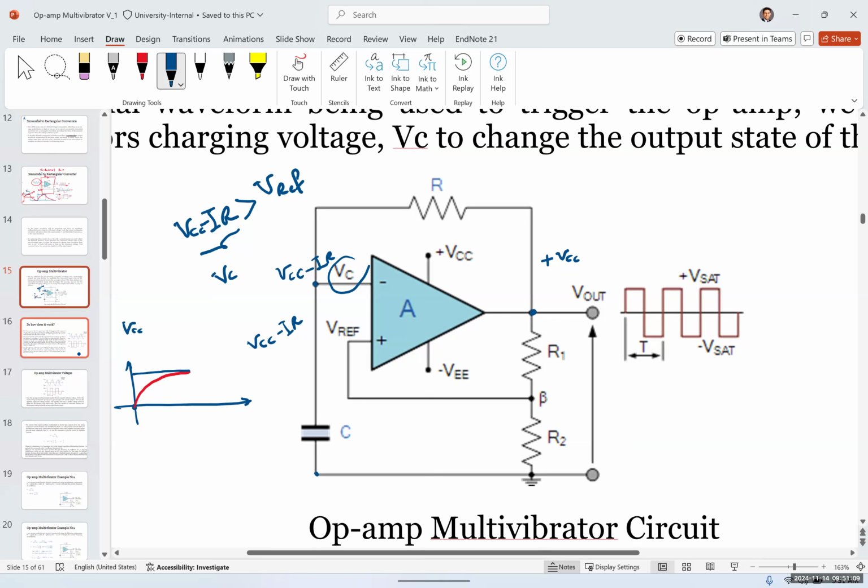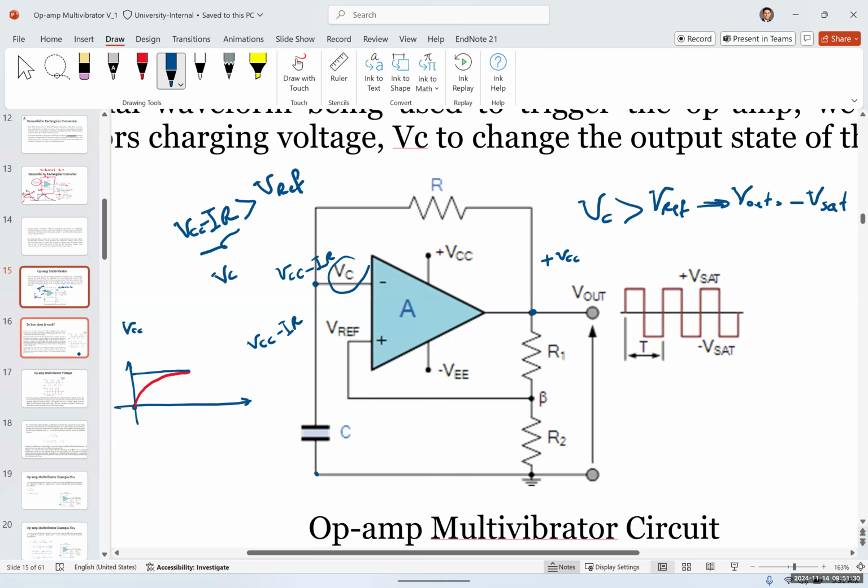What happens when Vn is greater than V reference? What happens when Vc or Vn is greater than V reference? Then the output would immediately switch to negative V saturation. Yes.